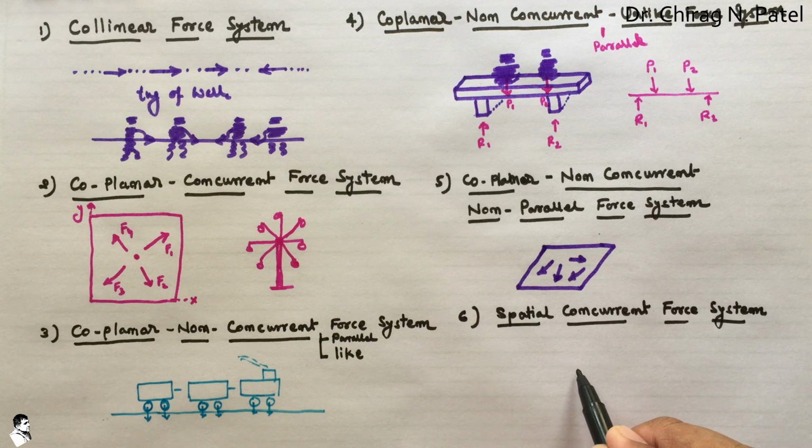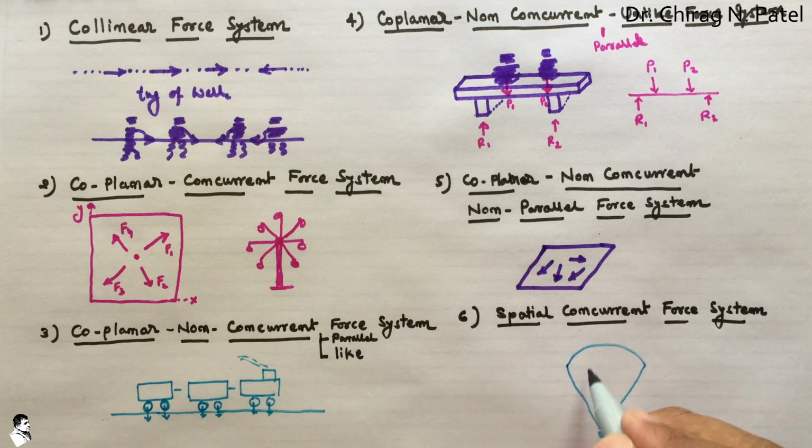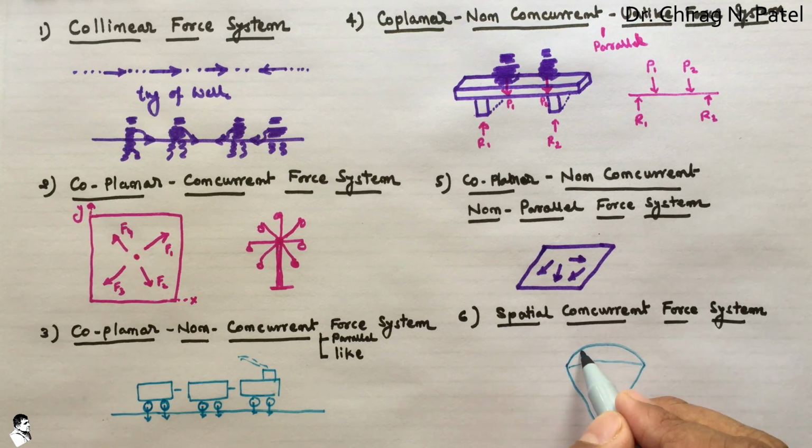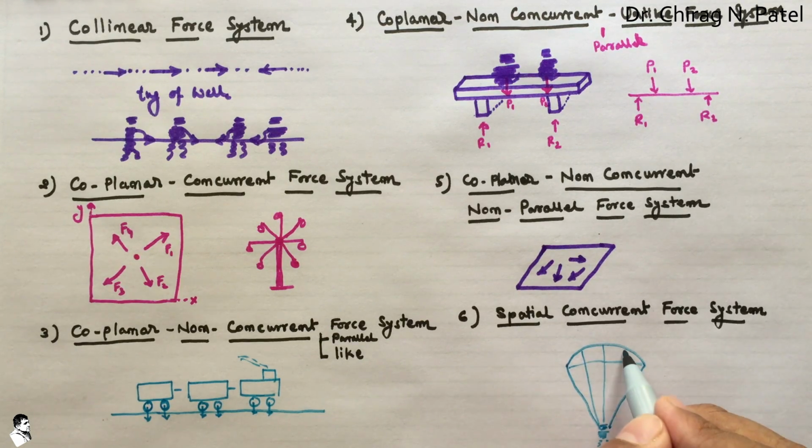So if we take a very small example of a parachute, the parachute is basically joined with a number of ropes, and that is applicable in this form. So this will generate forces on each parachute rope.